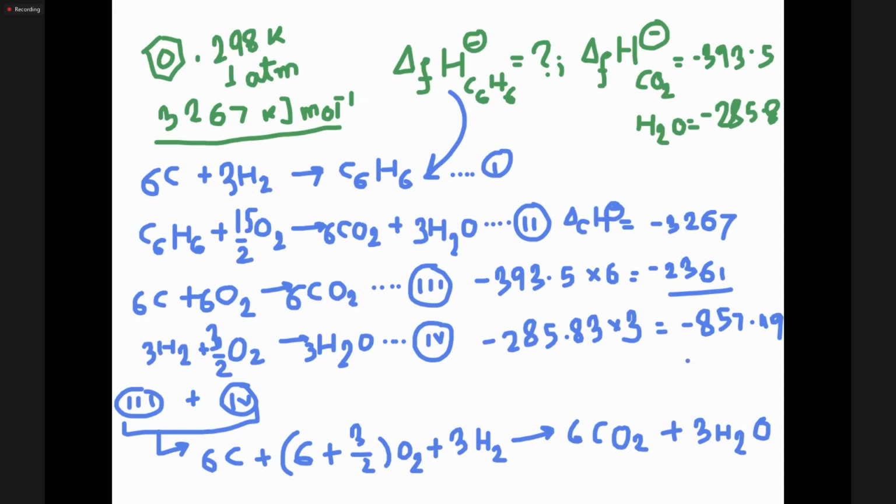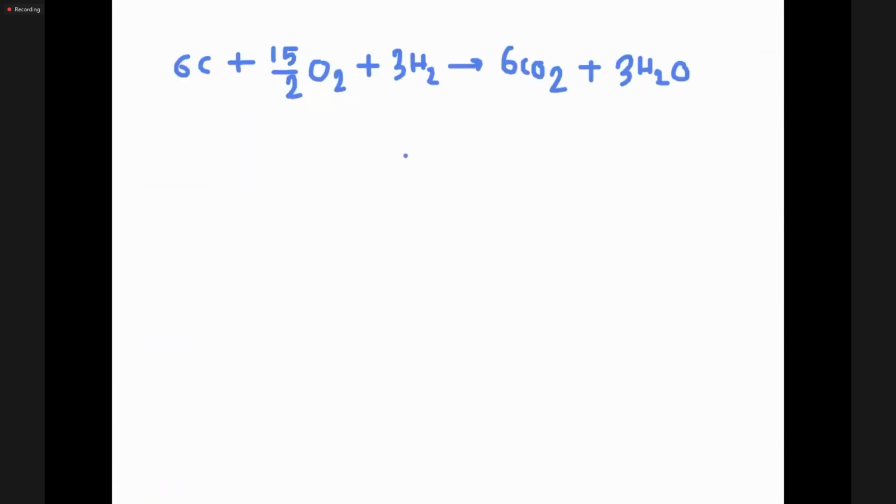So here is a delta H value, here is a delta H value. If we add these two values, we will ultimately get the delta H of formation, which will be minus 3218.49. So we have got the equation which we will term equation number 5.